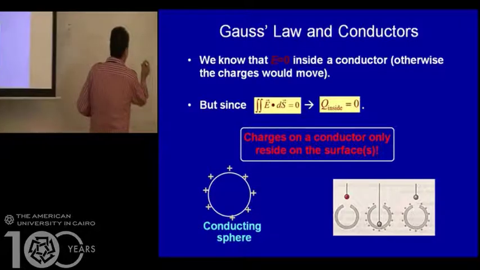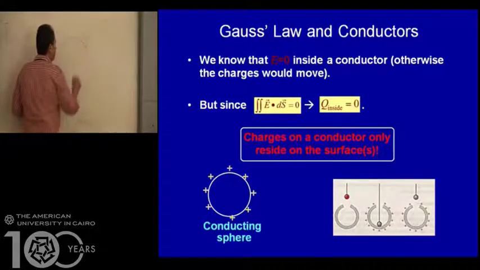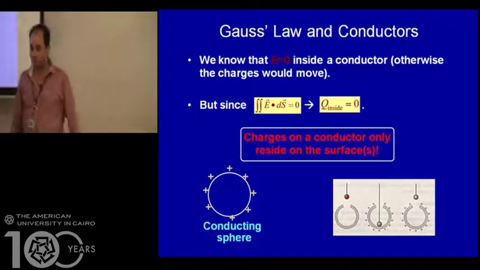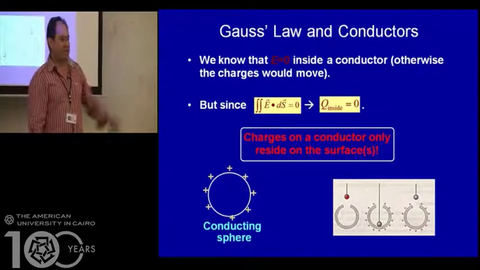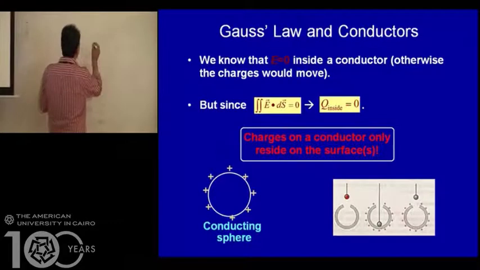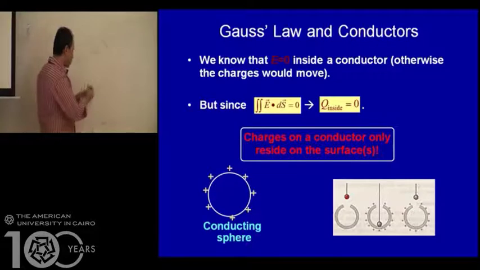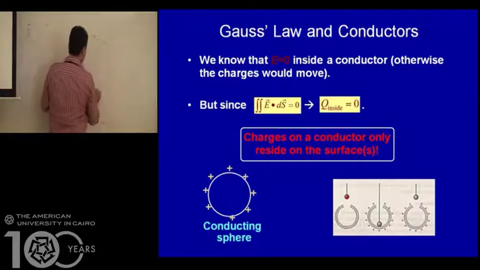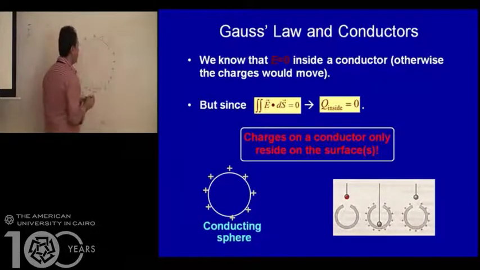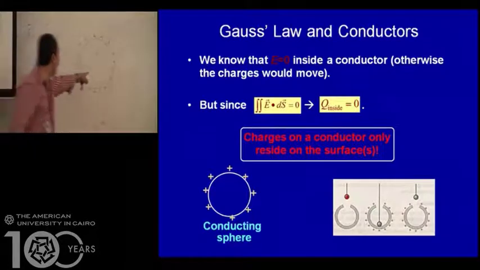So if you have a solid conducting sphere that has a charge Q, the charge will go on the outer surface and will distribute itself. And the charge inside the sphere is going to be 0.